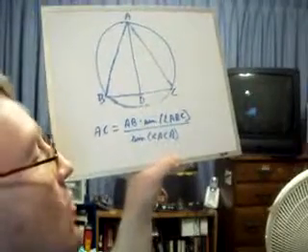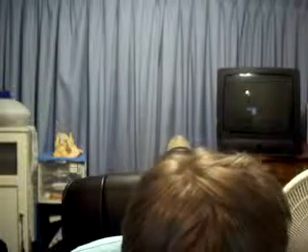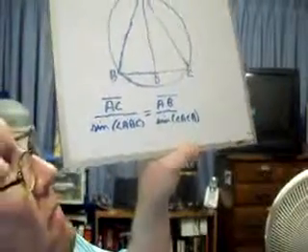Now we're going to divide both sides of this equation by the sine of ABC. Does that look a little better?